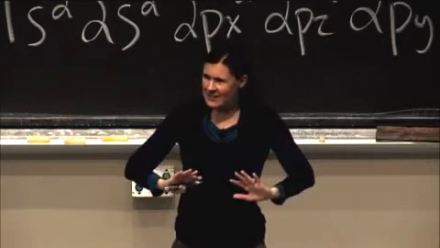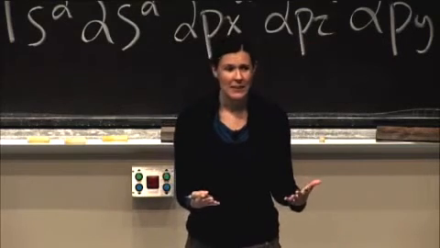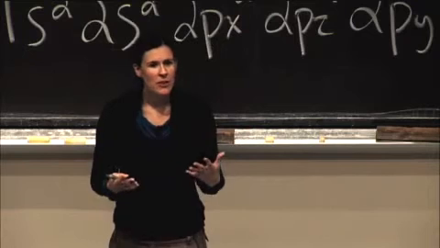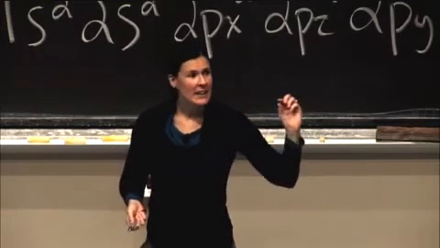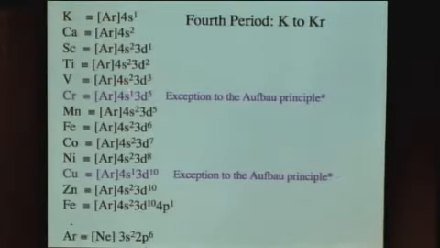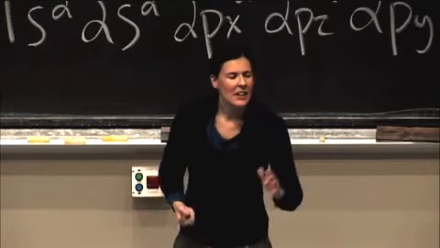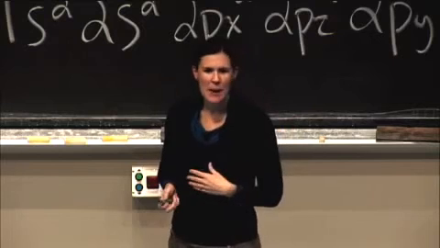You wouldn't be expected to be able to guess that this would happen, because using any kind of simple theory, we would in fact predict that this would not be the case. But what we find experimentally is that it's more stable to have a half-filled d orbital than to have a 4s2 and a 3d4. So this is an exception you have to memorize.